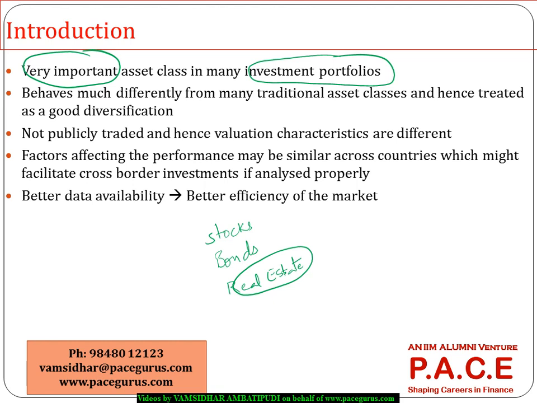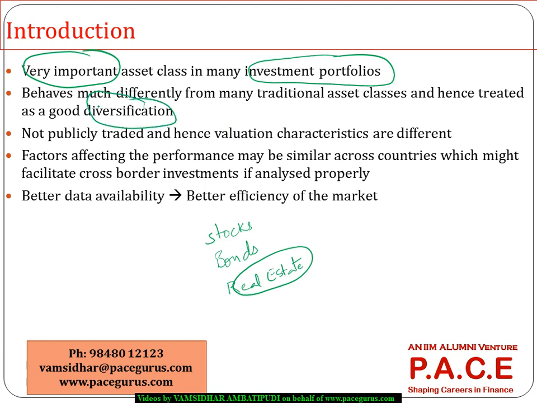But overall, the real estate market looks like one of the most important asset classes today, and from an investment perspective, people perceive real estate as one of the strongest mechanisms, or one of the best tools that is available for them for various benefits. It is treated as a good diversification kind of instrument.